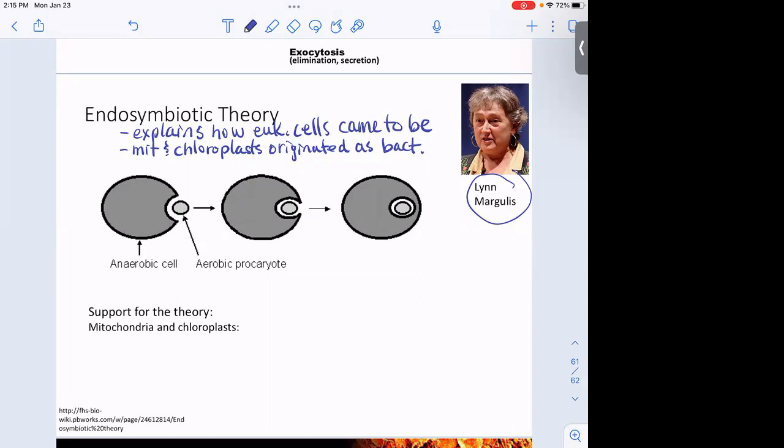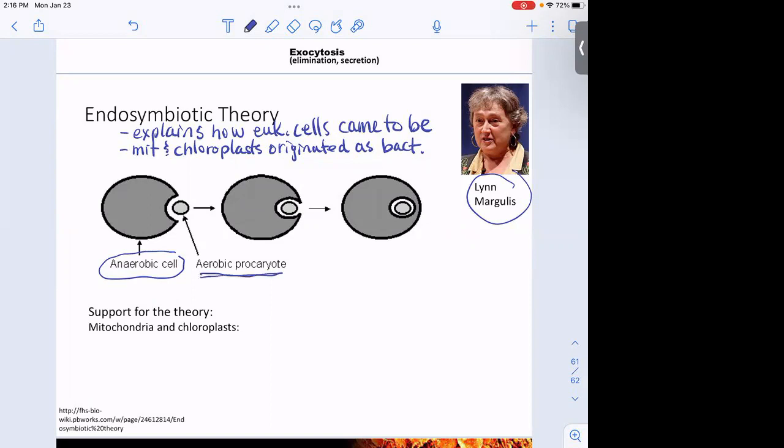But over the next 20 years or so, data started to accumulate that really pointed towards her really being onto something. So there's lots of support for that today. Basically, she said back in the early soup, when life was originating, there was some anaerobic prokaryotic cell that engulfed an aerobic prokaryotic cell.